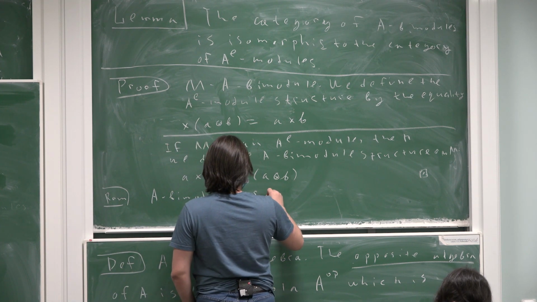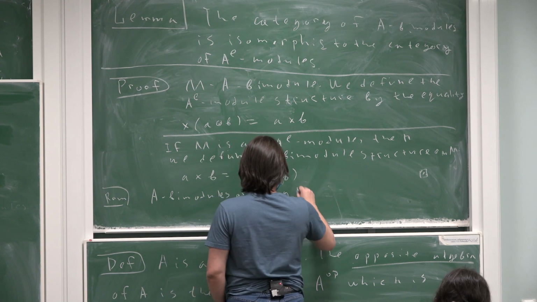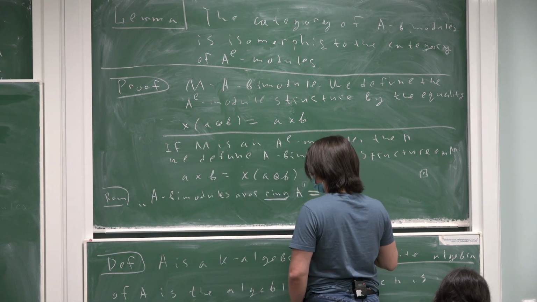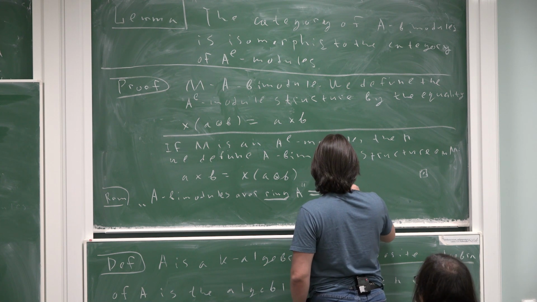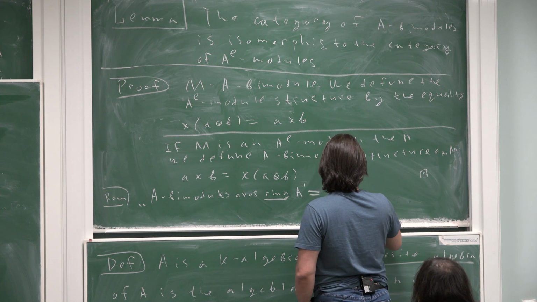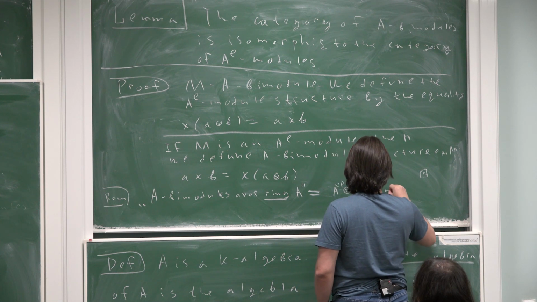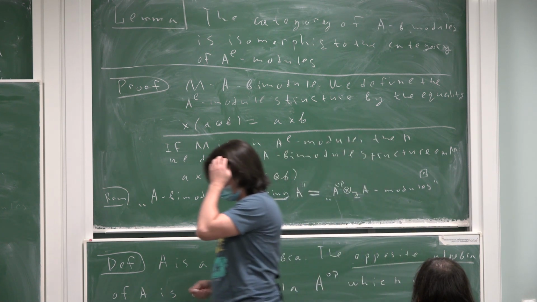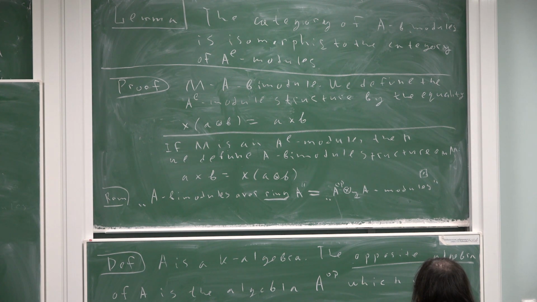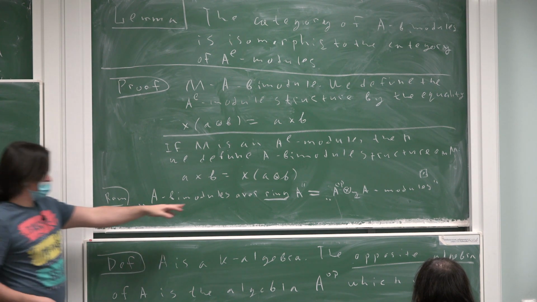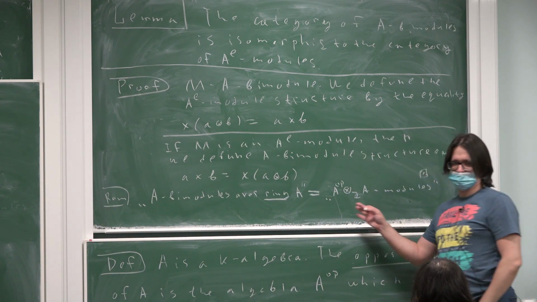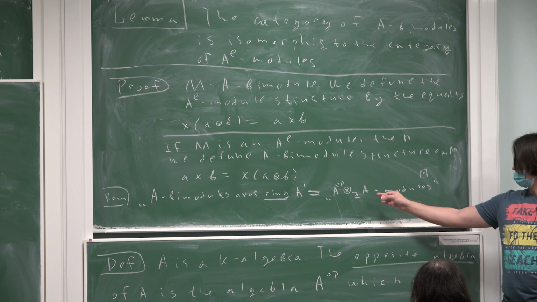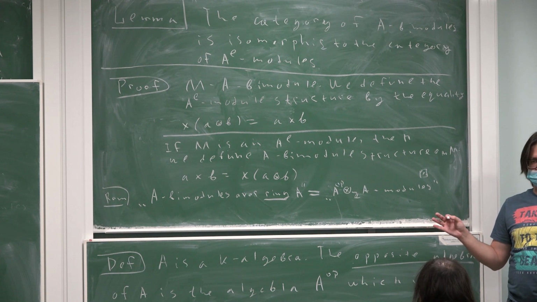Our ring A is the same thing as A tensor A^op tensor over Z, A-modules, because scalars from Z always give the same result when we multiply on the left or on the right, because scalars from Z simply take the sum of copies.